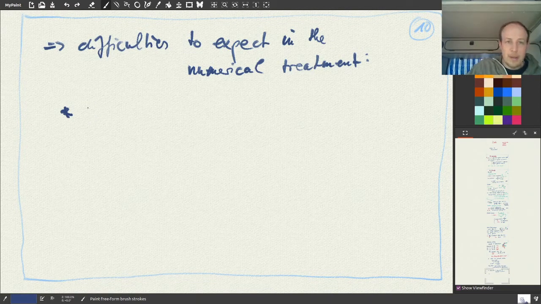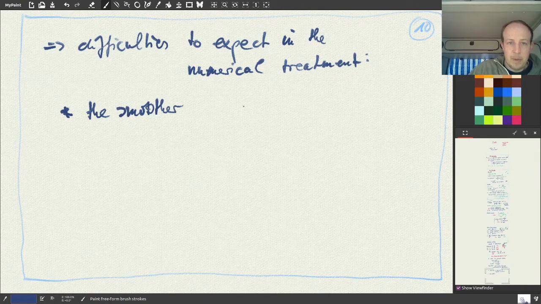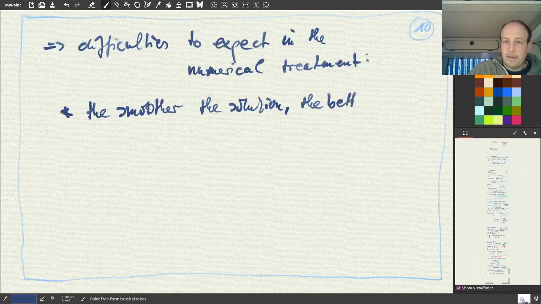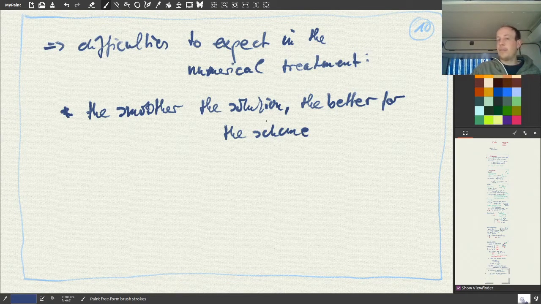Generally, the smoother the solution, the better for the scheme. We will talk of that, but if you want to solve a differential equation by a numerical scheme, then a very basic condition is that the solution is smooth. And if the solution is smooth, then you can use high-end numerical schemes, and then everything works fine.